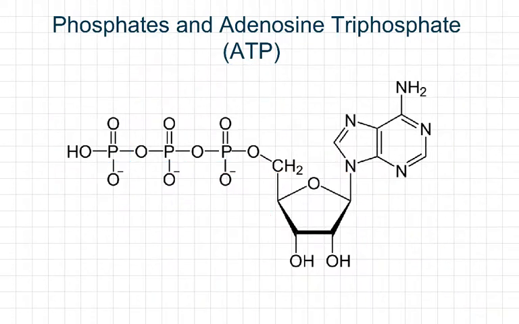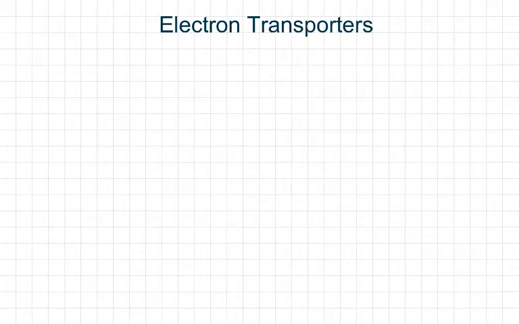Now, within the human body, there are a couple of different processes to create ATP from fuel sources and ADP. And we'll get to those in the next video. But before we get into those different biological pathways, there's another component that I want to introduce to you. There's this concept called electron transporters.